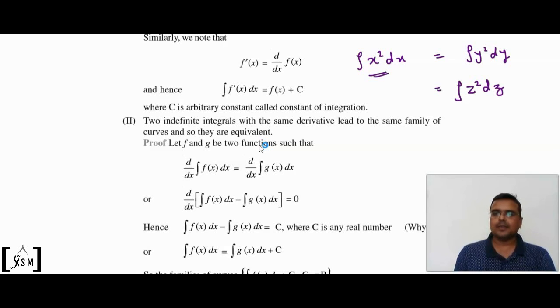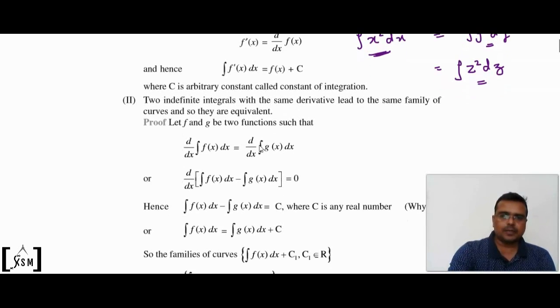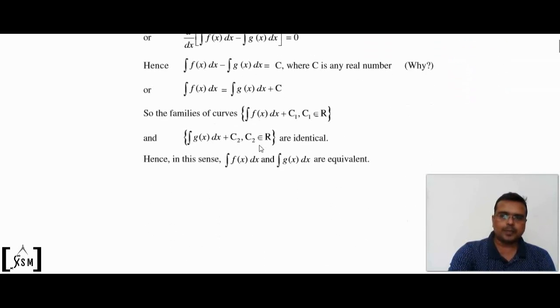Why the same? Because all the functions are the same, so the variable doesn't matter in each individual case. So all three are the same. Fine. So that is the second property.